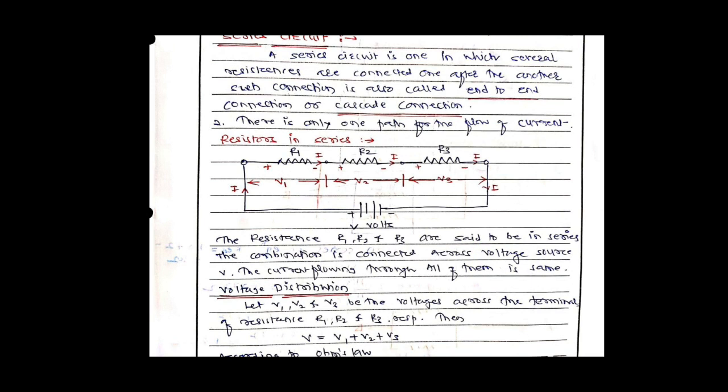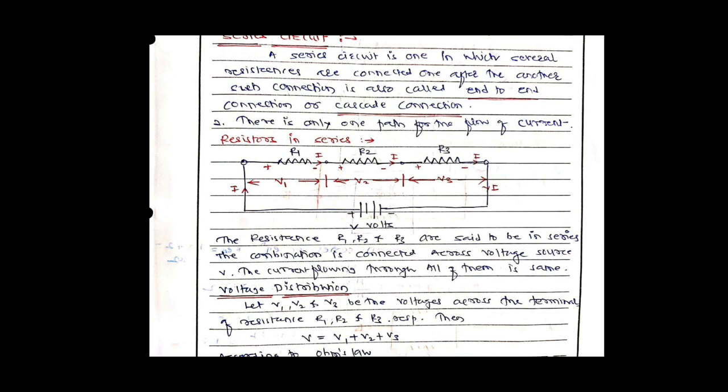The terminal of R1 is connected to the positive and the terminal of R3 is connected to the negative of the voltage source V. So in this circuit there is only one path for the flow of current, and the current always flows from positive to negative.